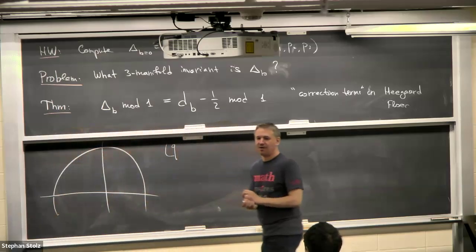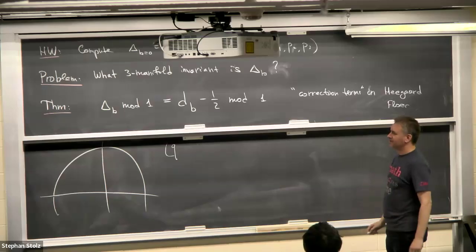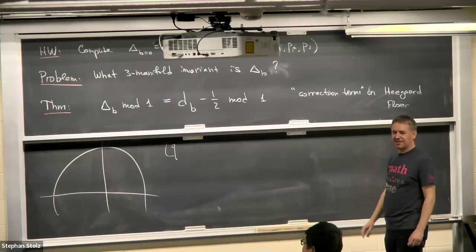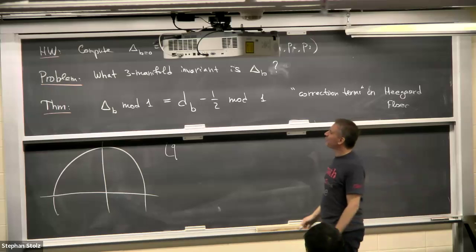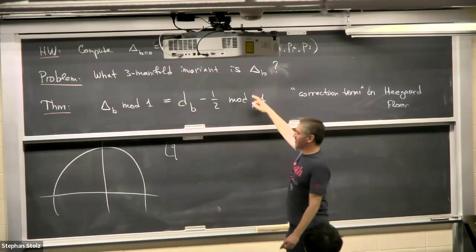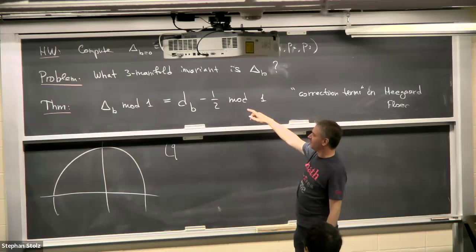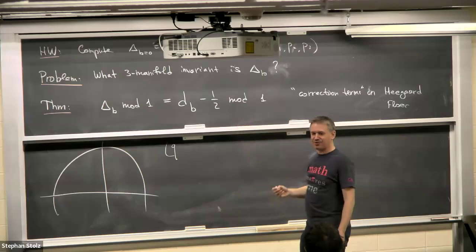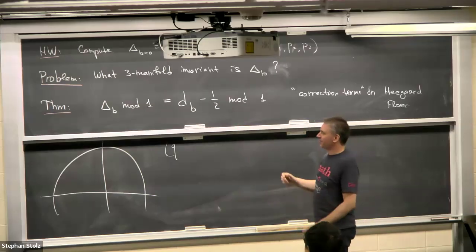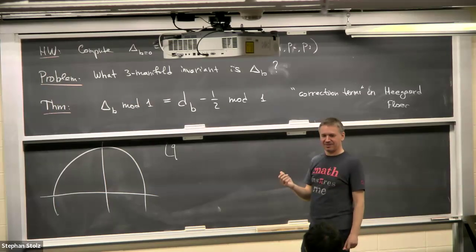This mod one thing, how does one guess that there should be a mod one equivalence? Is it like you had two real numbers and you ask? Experiments. You just start with some simple family. This is actually a huge family, but the answer is fairly simple. So you experiment. And honestly, if you ask, do I know any other invariants of three manifolds labeled by spin C structures?